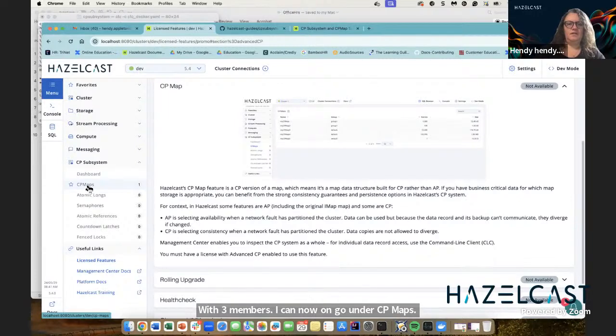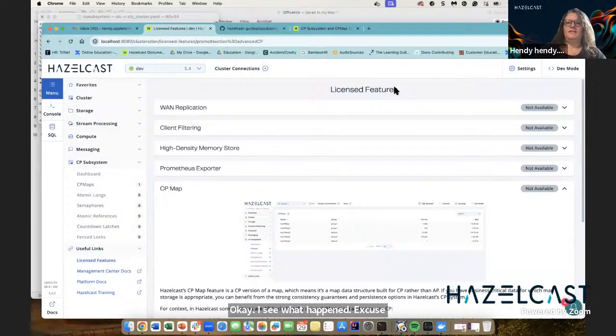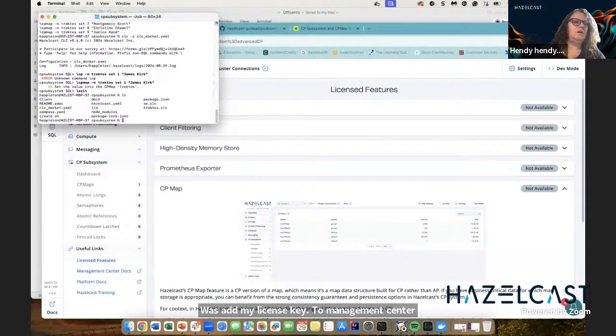Okay. I see what happened. Excuse me for a moment. This is the updated system, and what I forgot to do was add my license key to Management Center. This is what happens when you do a live demo, right?